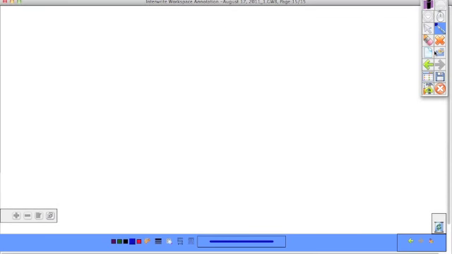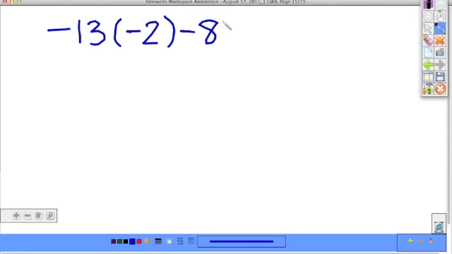Okay, let's try one that has maybe 3 digits. We have negative 13 times negative 2, and then subtract 8. Wow, we got a whole bunch of stuff going on here.